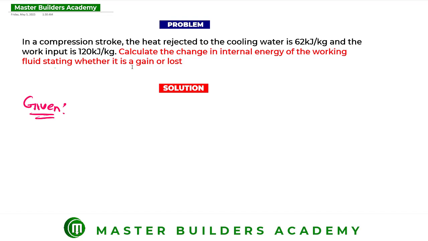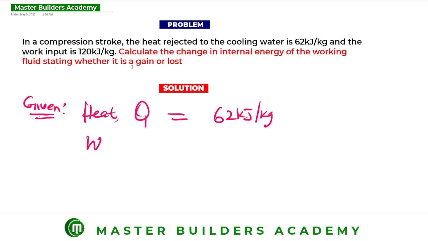The first thing we have is heat, Q, and it is giving us 62 kilojoule per kilogram. As we read through, we also have the work input, which is work done, W, given as 120 kilojoule per kilogram.